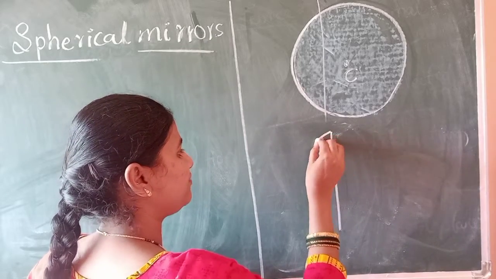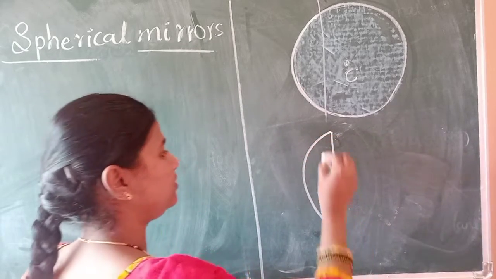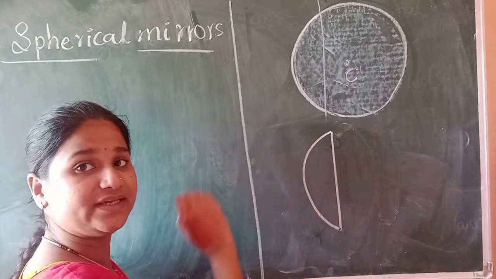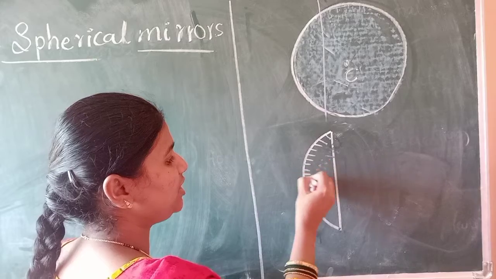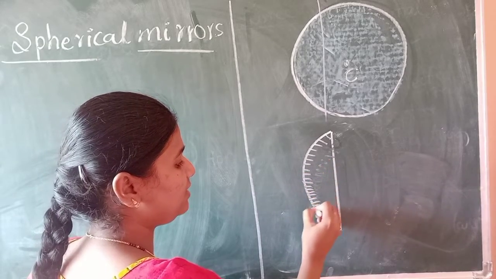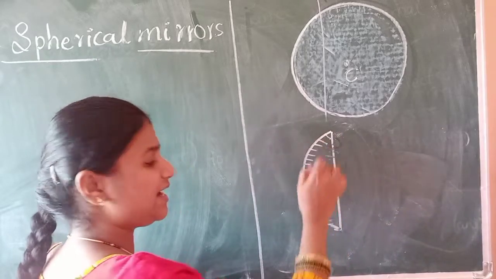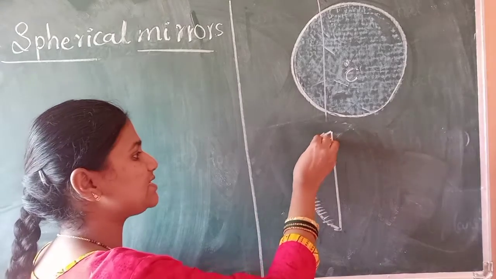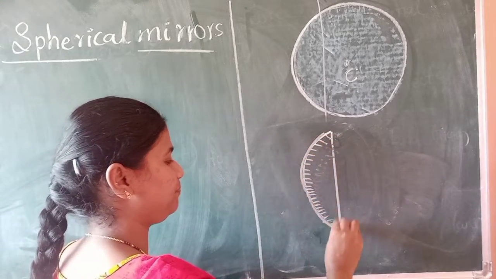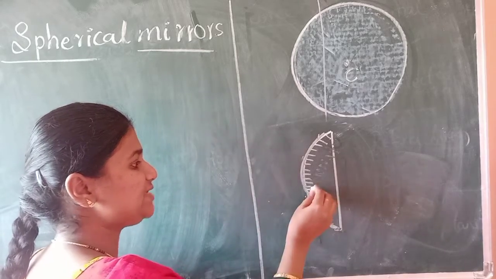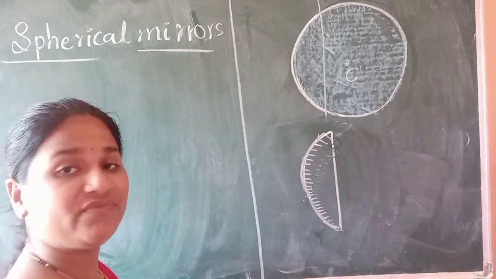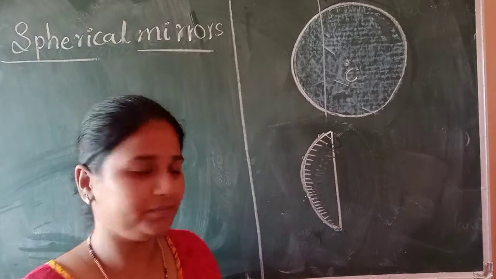This part we cut, and we got a curved surface, or a spherical mirror. One side we will coat with mercury so that side will become opaque, and this is a transparent side. This side is a well polished surface. This is covered with mercury or an amalgam.